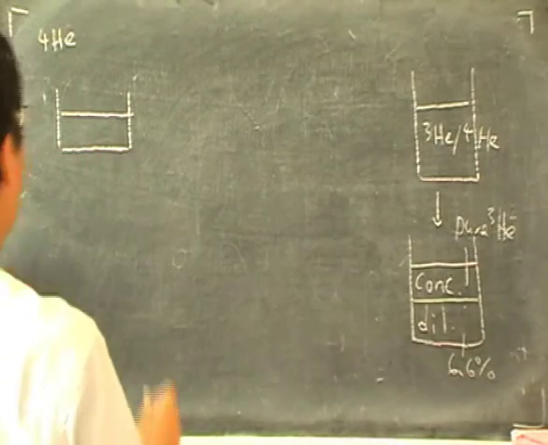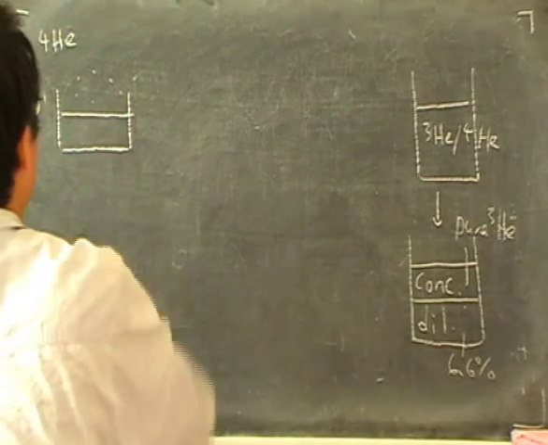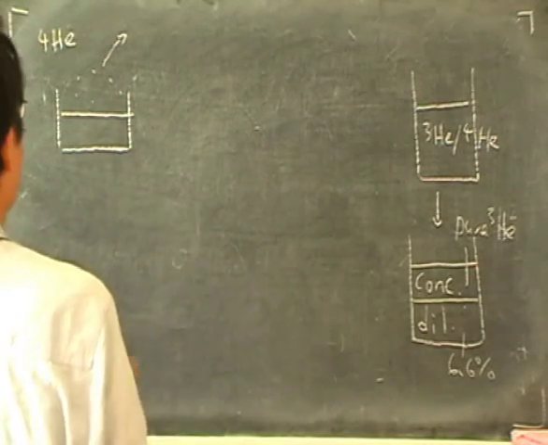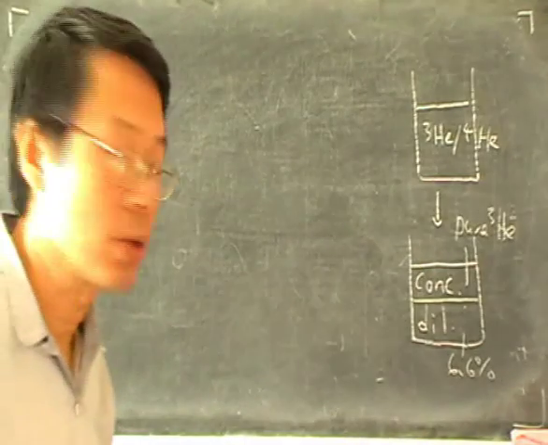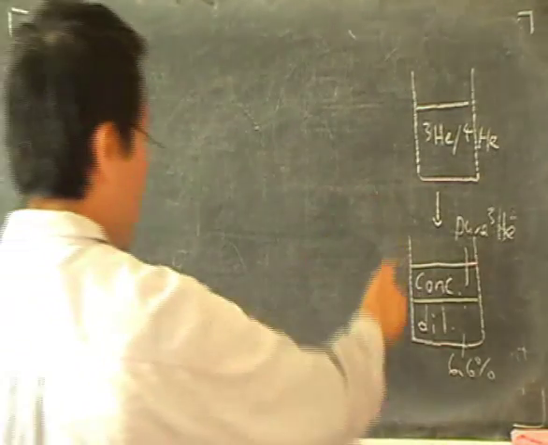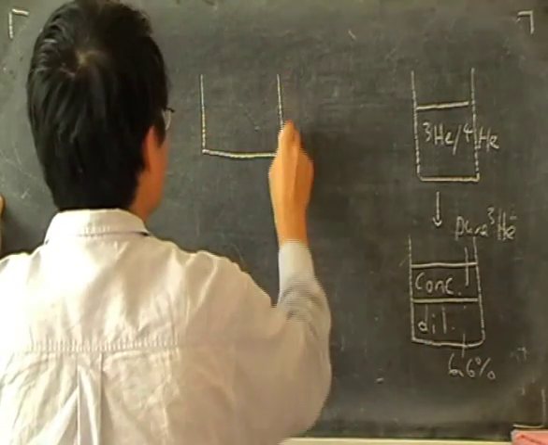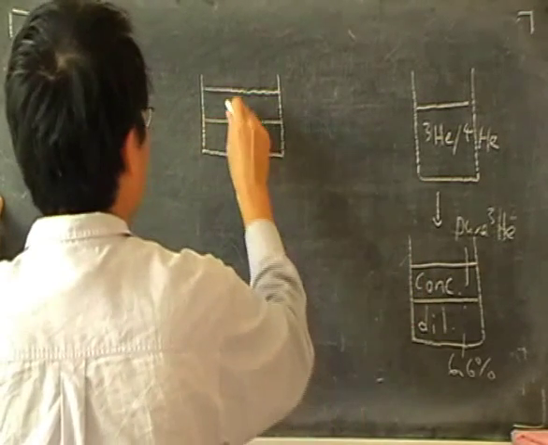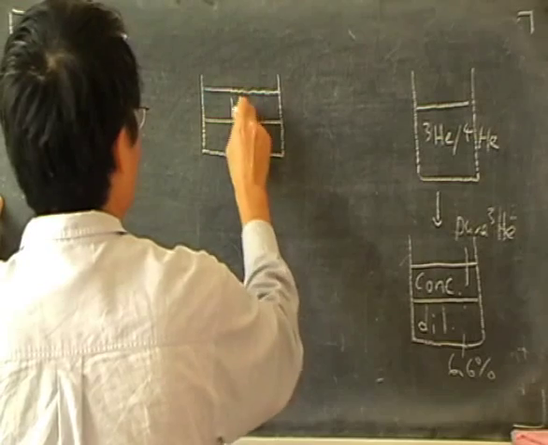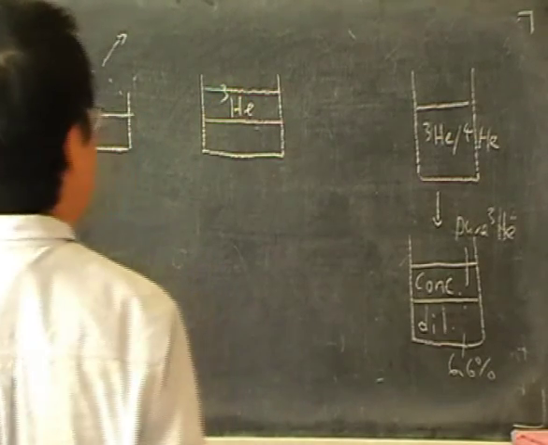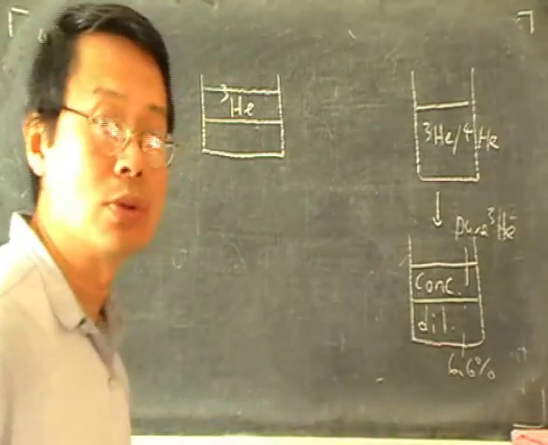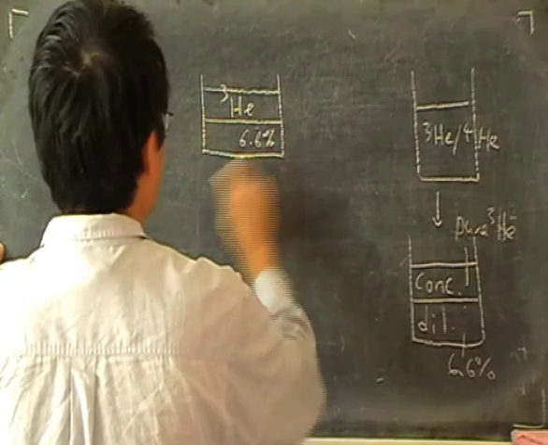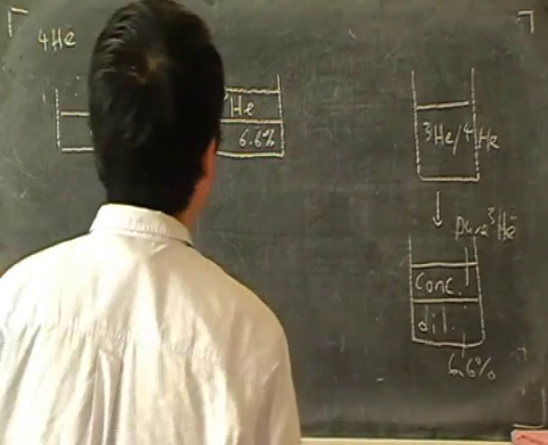So if you have liquid helium-4 and there's vapor above it, and we pump away the vapor, then liquid helium-4 cools down. Right? Now if we have this mixture, we have this concentrated phase, which is the 100% helium-3, and we have a dilute phase down here, which is typically 6.6% of helium-3.